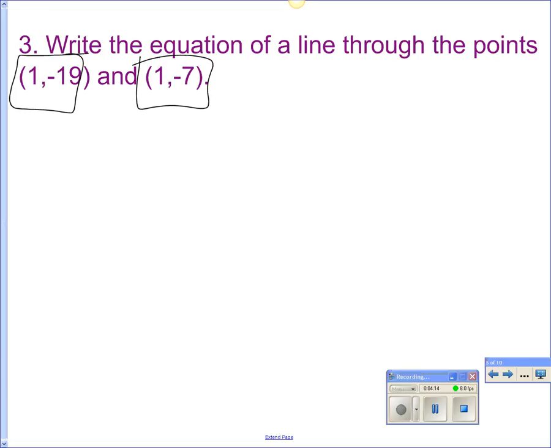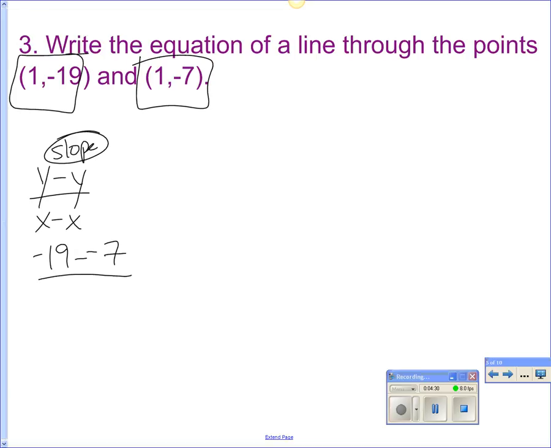All right, so he has to find the slope. So y minus y over x minus x, good. Gracie, help me put them into the formula. What would I write? Over. Good.